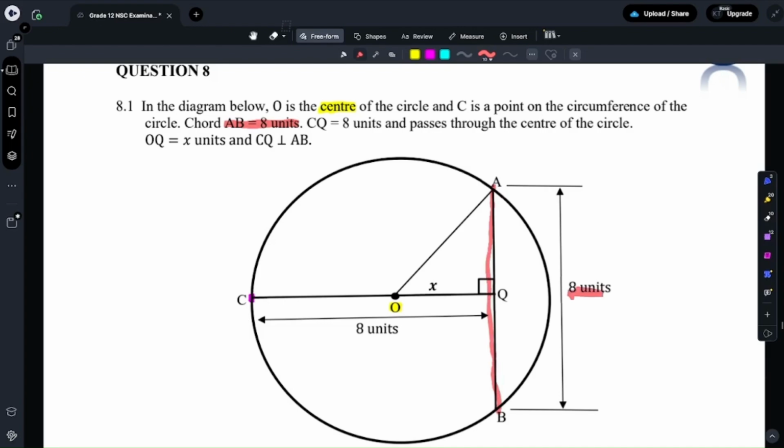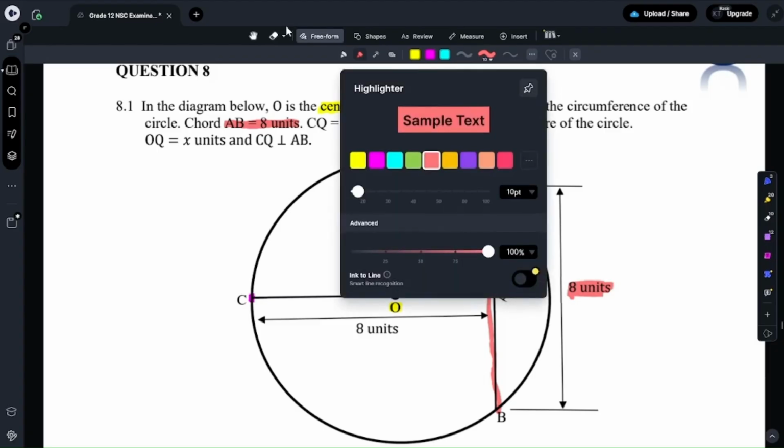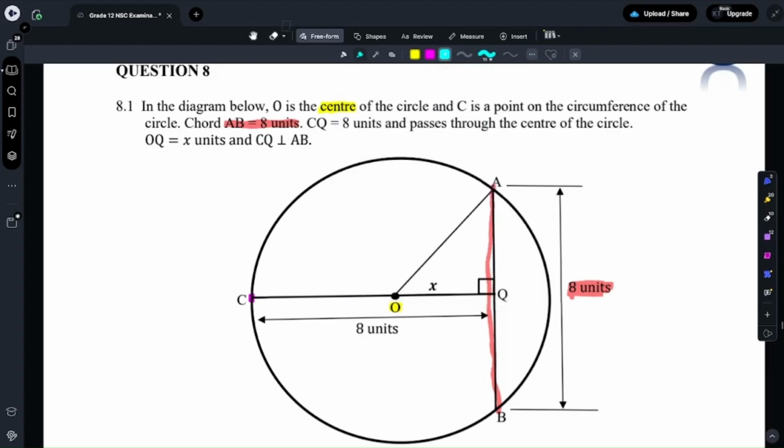CQ is also equal to 8 units. And note that CQ passes through the center O.